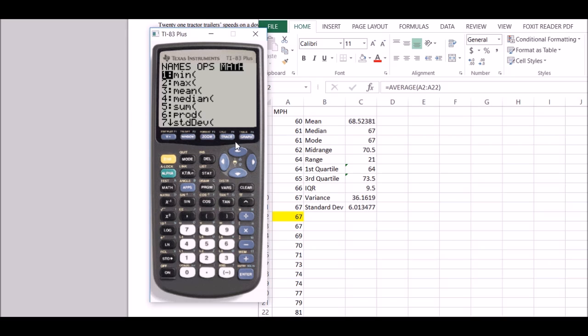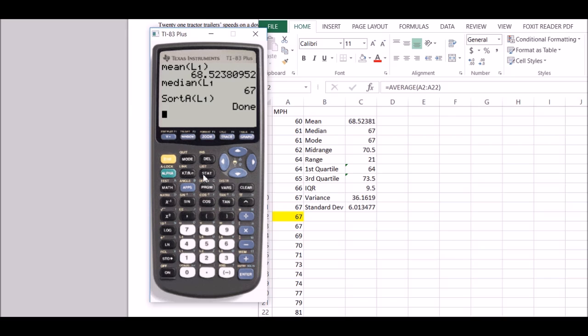There is no specific way to find the mode. So we found the mean, median, let's get the mode. There's no specific way to find it. But what we can do is, if we hit just regular stats, we're going to hit Sort. And sort the list.